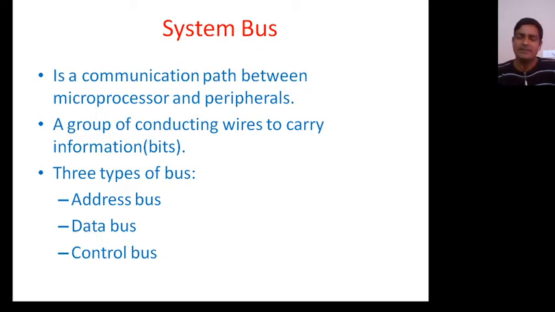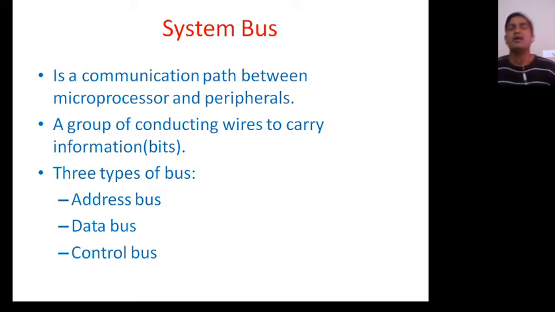I am the sender, I am sending data, telling something, and he is listening, and sometimes he is telling and I am listening. So the conversation is the data. And when he is receiving the ringtone, that is the control signal.